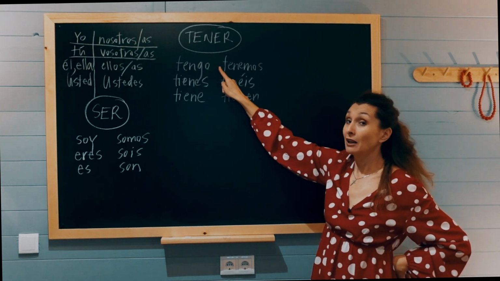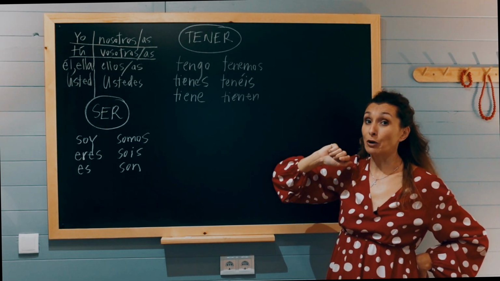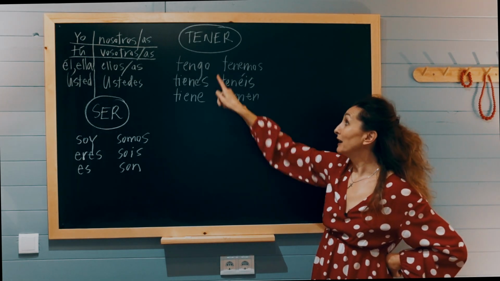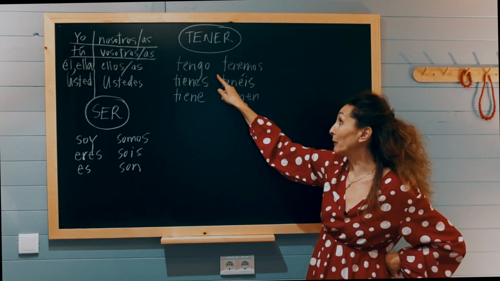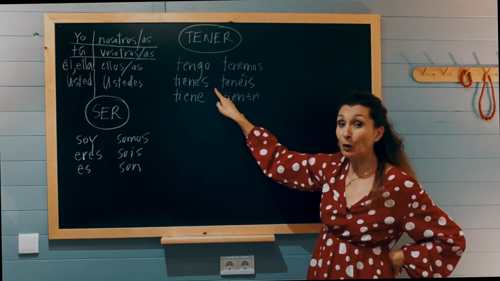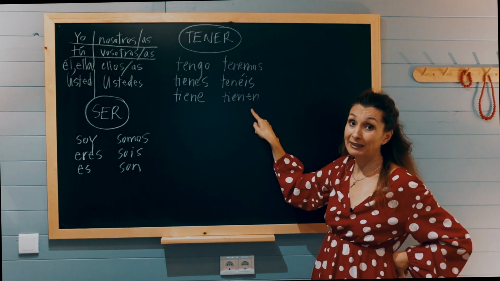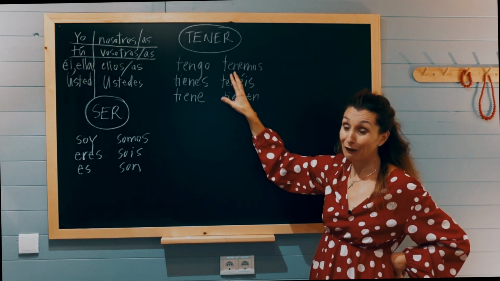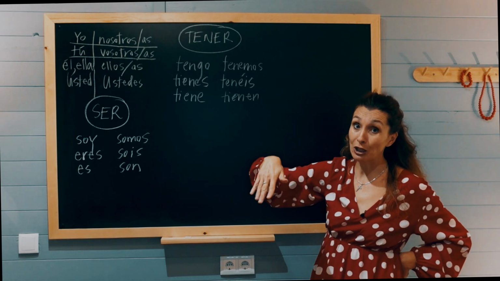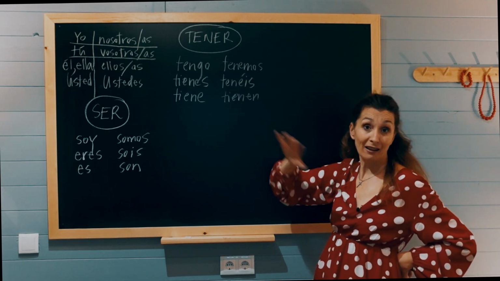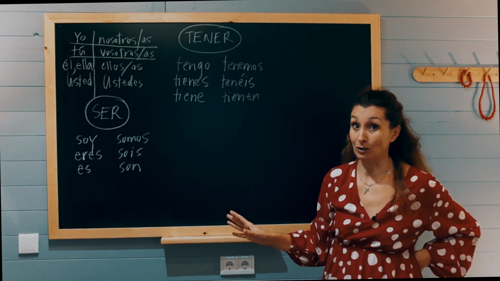In English, you have to use the pronouns, otherwise it doesn't make sense. We don't know who we are talking about. I have, you have, she has. We have, you have, they have. In English, if you don't say I and you and she and we and you and they, we don't know who's having what, okay?